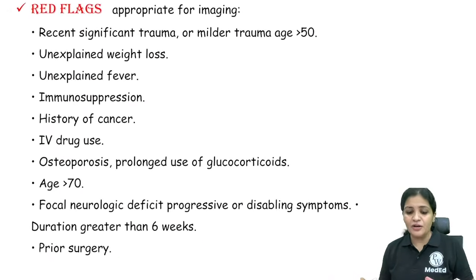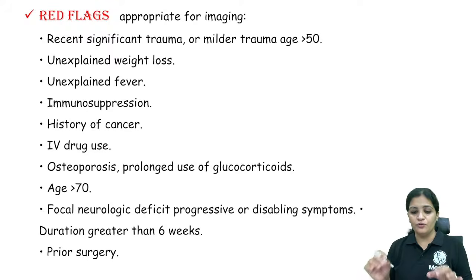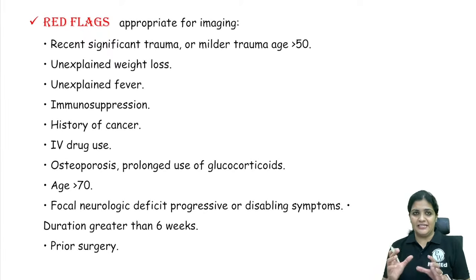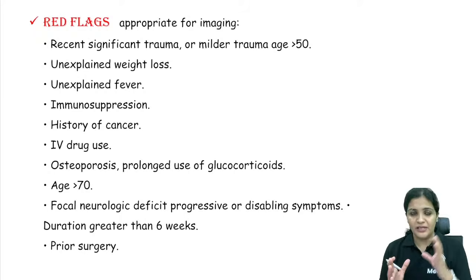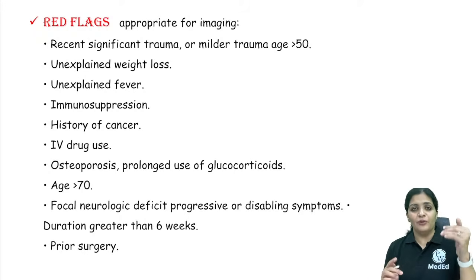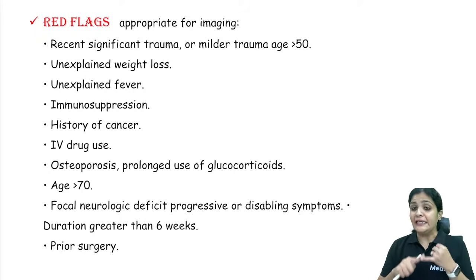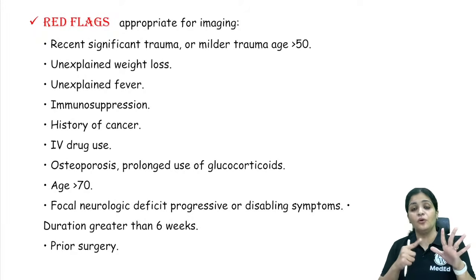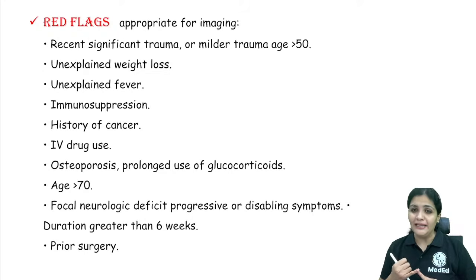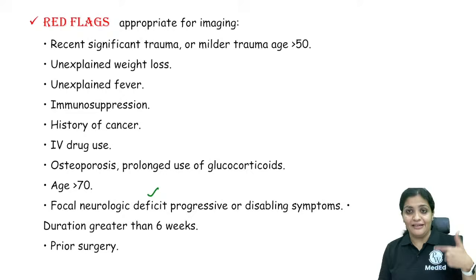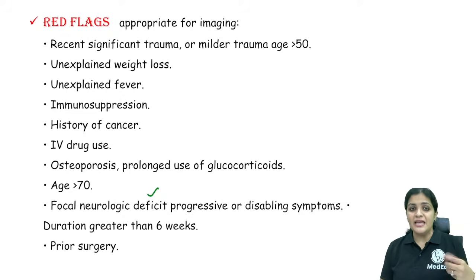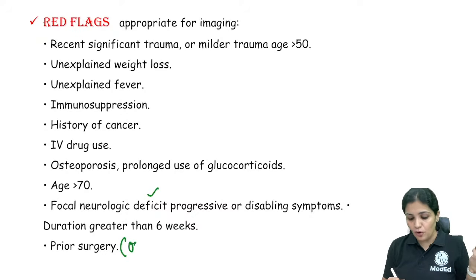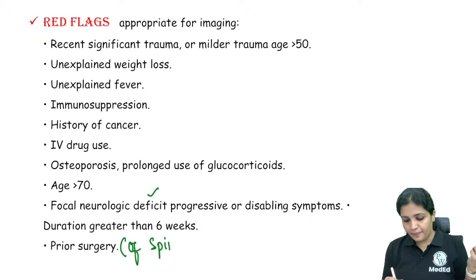And now once you're done with the diagnosis, you have to look for the red flag signs. So what are the red flag signs? These are: any history of trauma, any recent history, unexplained weight loss, fever, cancer history, osteoporosis, age of more than 70 years, multiple focal neurological deficits on neurological examination, certain disabling symptoms, and any prior surgery of the spine.